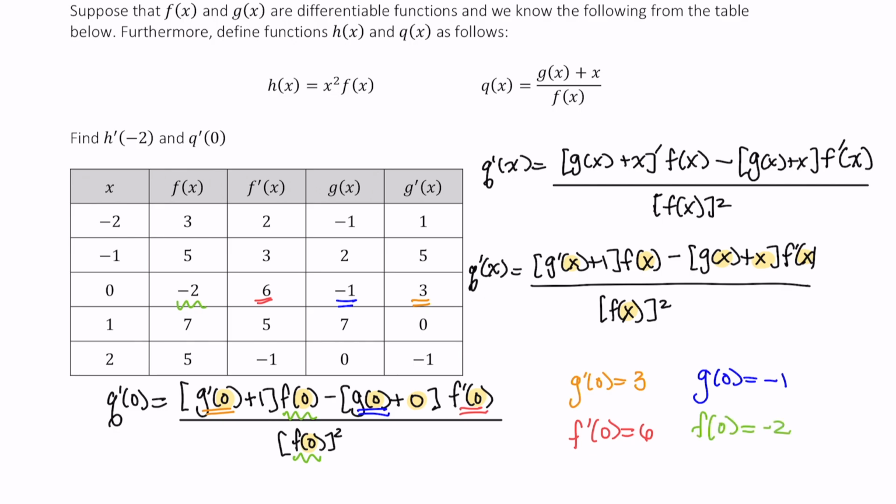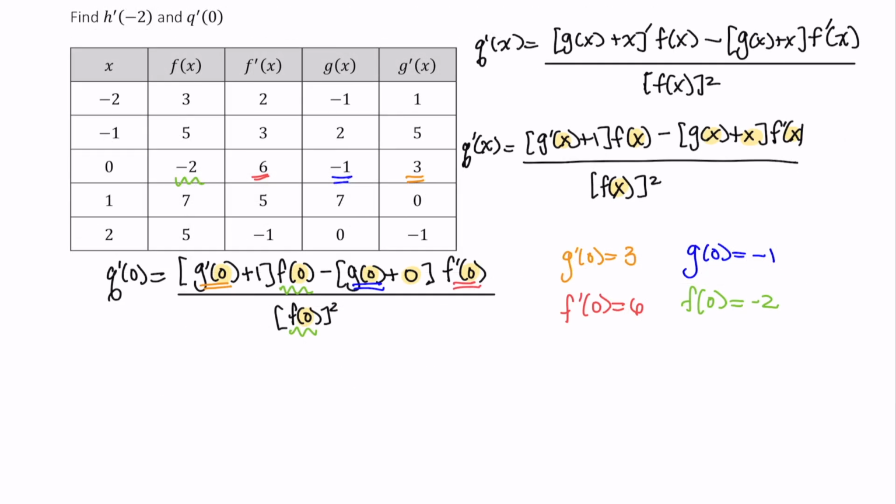I'm going to make a little space, so pardon me while I shift the screen. Okay, I have shifted the screen so we can finish this problem. q prime of 0 is equal to 3 plus 1 times negative 2 minus negative 1, and I'm not going to bother writing out plus 0 here.